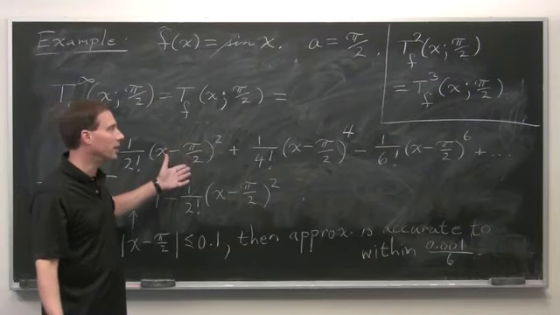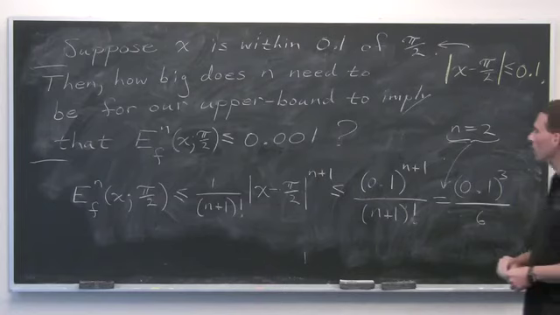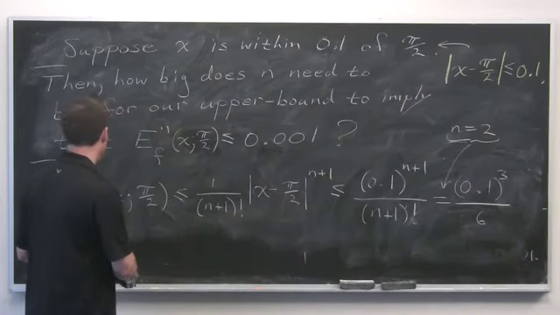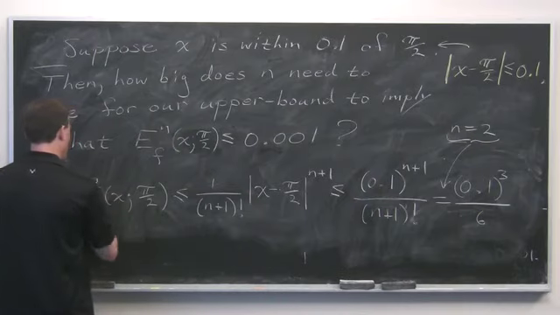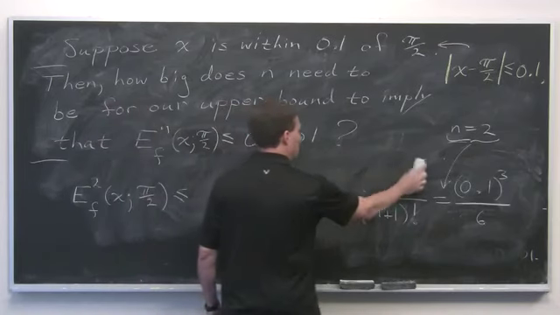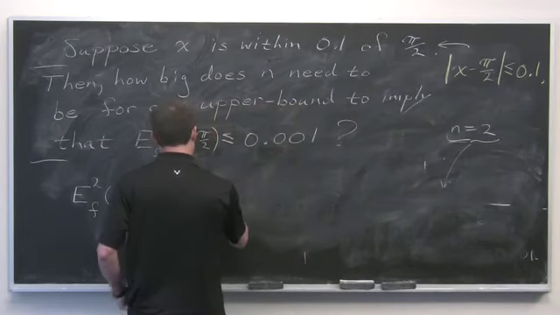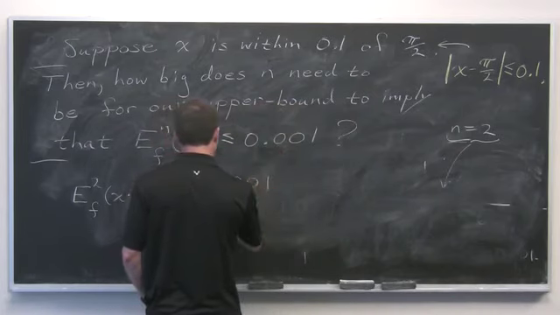Okay, whoopee, who cares? Well, actually, we care, because we said that E2, we found that E2 was less than, what we just showed was that E2 is less than 1,000th over 6.